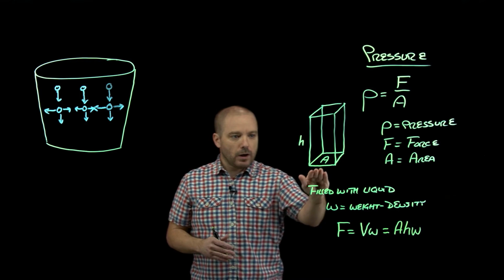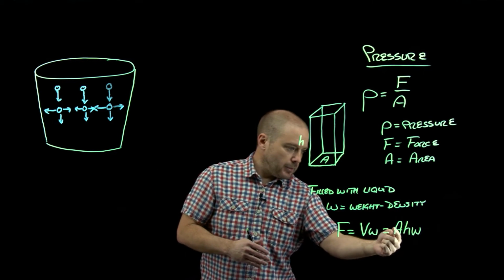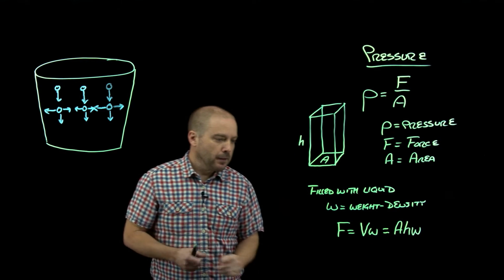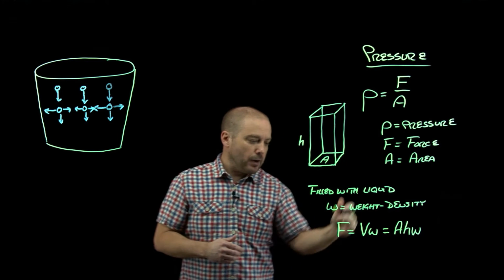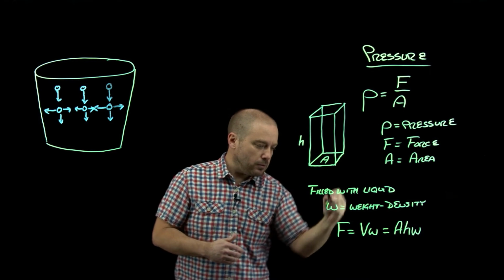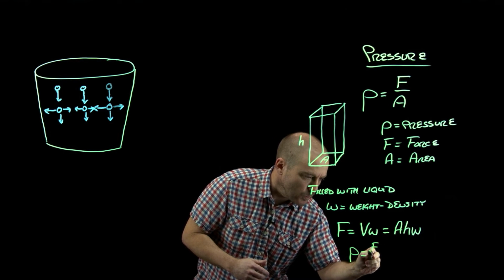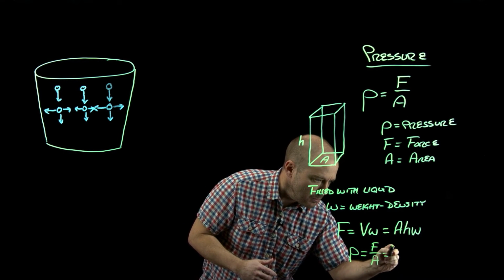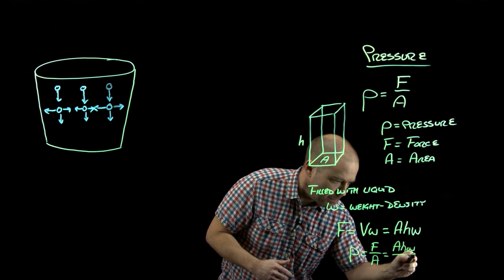So all the water at this bottom here, the total force on there is this AHW. If we wanted to express what was going on in terms of force per area, that would be our pressure. So pressure is force per area, which force we just said is AHW.